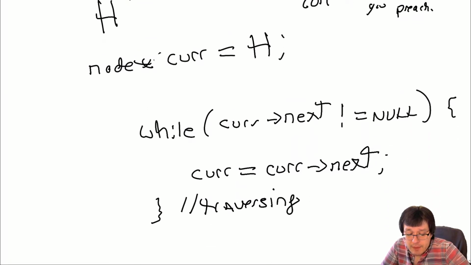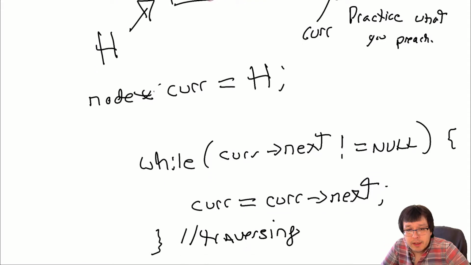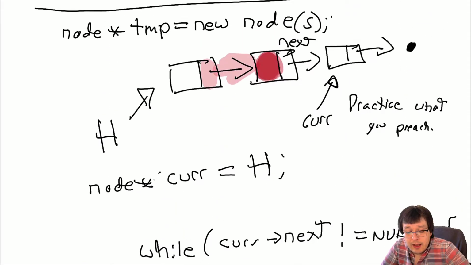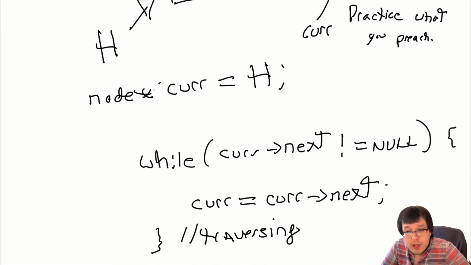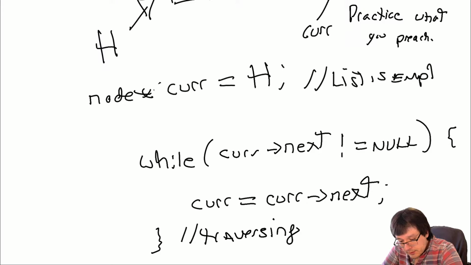However, the way I have the code written is a little risky here, because if there's only one node in my list and I try to do cur next, actually no, that would still be okay. The only problem that I would have in this code is if cur was equal to null. Now, why would cur be equal to null? Because head is equal to null, which is basically that the list is empty, right?